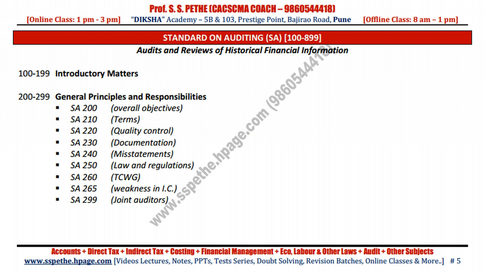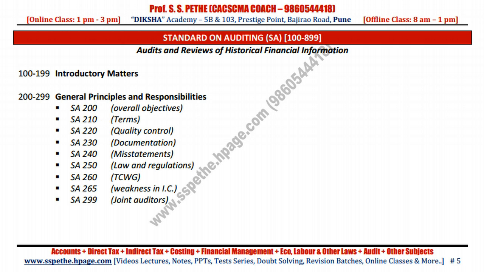Now we will see the standards on auditing 100 to 899 in further details. Audit and review of historical financial information: 100 to 199 deals with introductory matters. 200 to 299 deals with the general principles and responsibilities. So these are the further bifurcation of these.